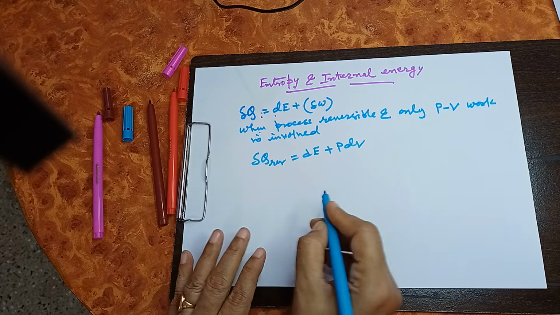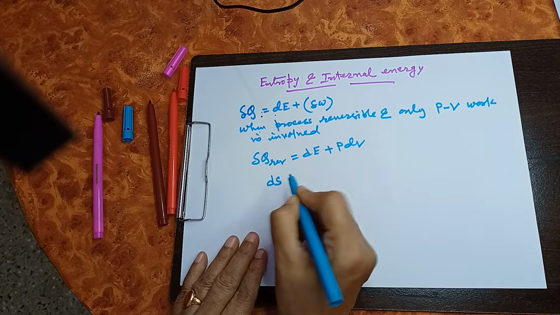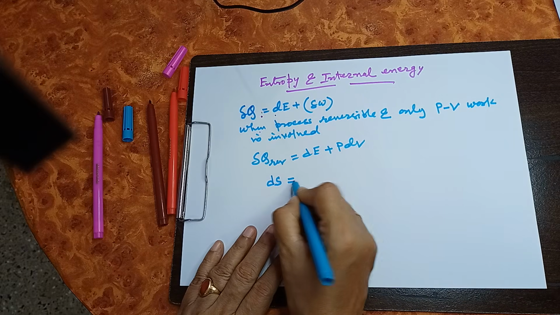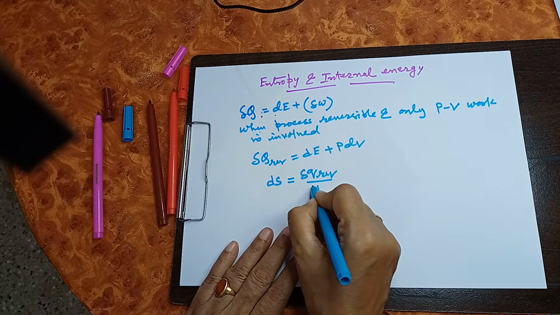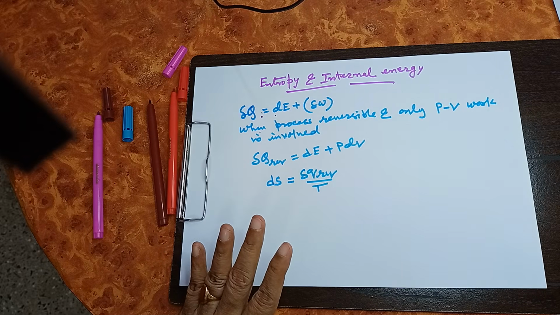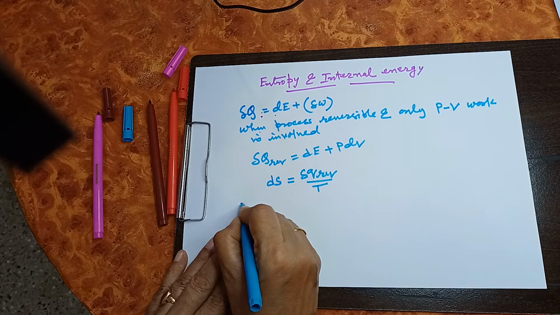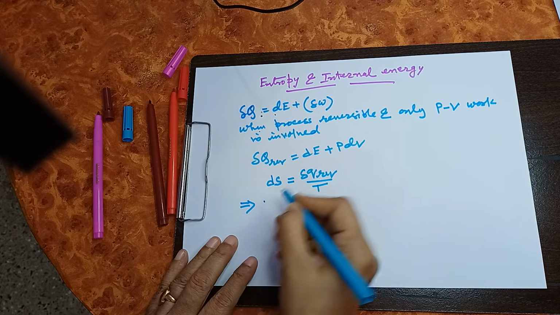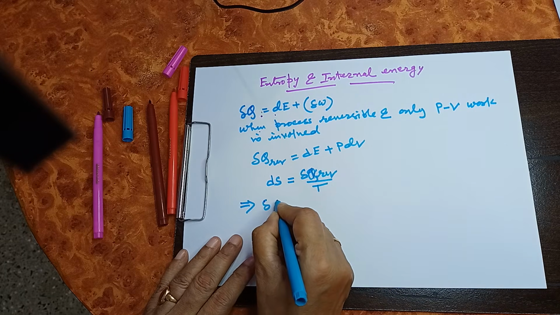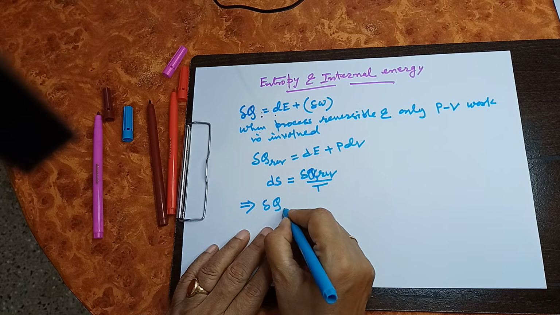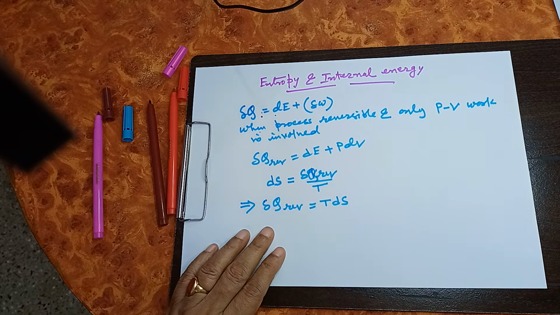Right? Now from the second law, we know that the small entropy change dS is equal to del Q reversible by T. Second law of thermodynamics, right? So from here I can write del Q reversible is equal to T dS.